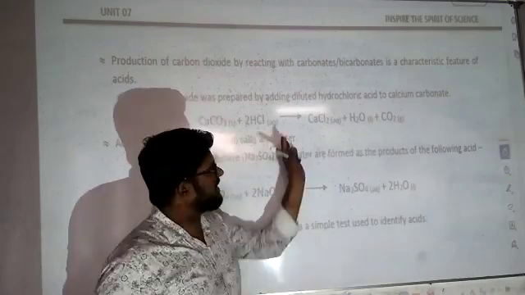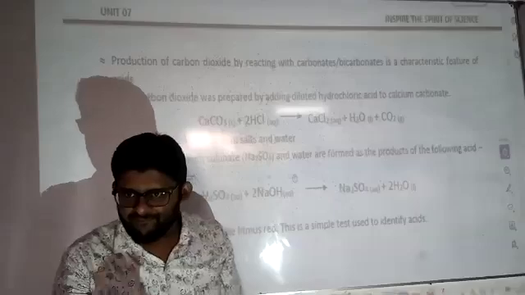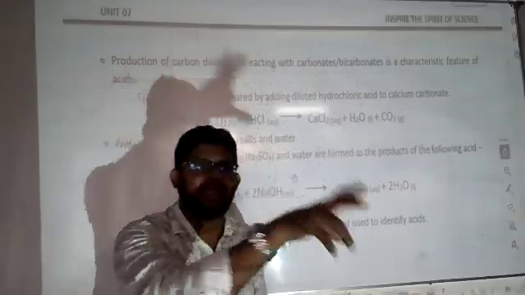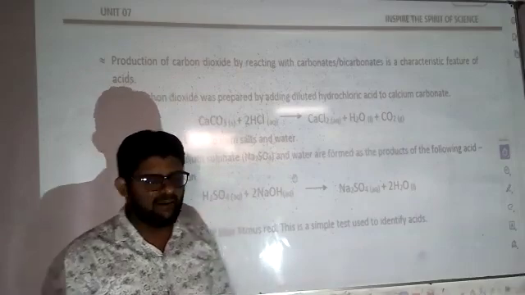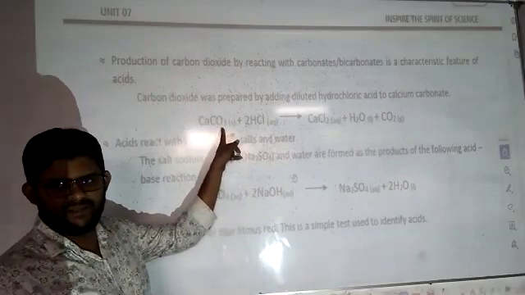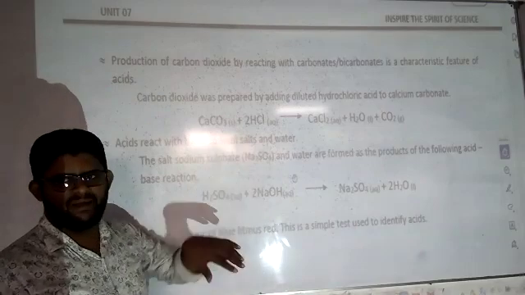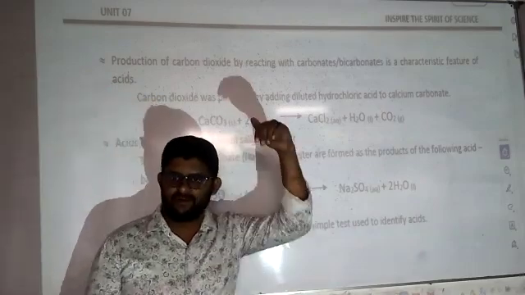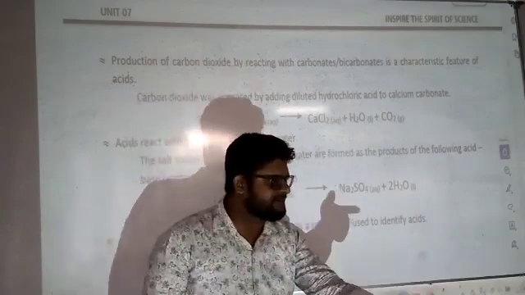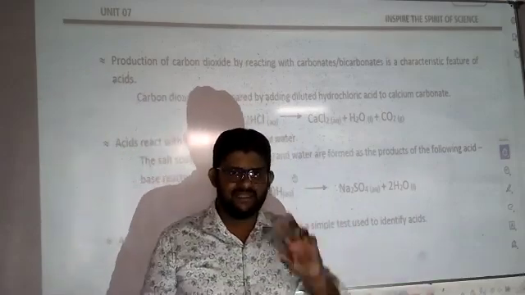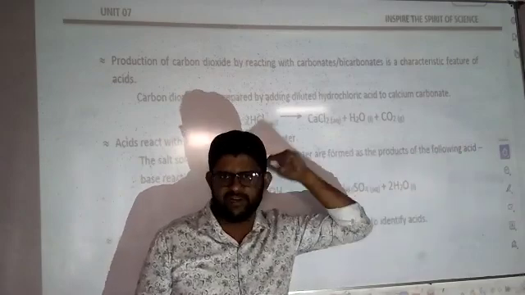And here a dilute acid with a metal carbonate or bicarbonate forms carbon dioxide gas. Carbonate, bicarbonate means CO3, sodium carbonate, magnesium carbonate. Earlier we took directly the acid with the metal, right? So metal added with an acid forms hydrogen gas, correct? Previously we wrote hydrogen gas.